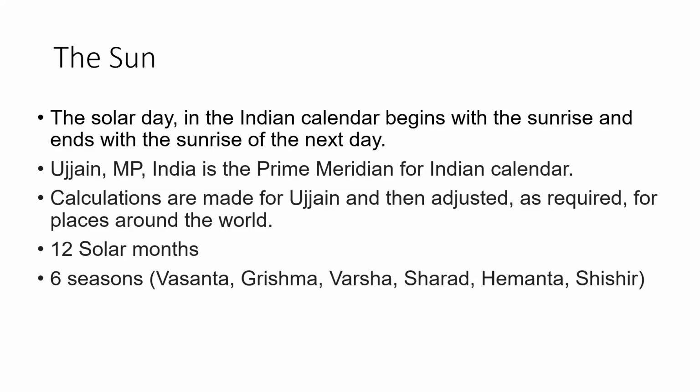So we will use Ujjain, Madhya Pradesh, India as the reference point for our discussion. And this prime meridian of the ancient world that passed through Ujjain also passed through a few other significant locations.